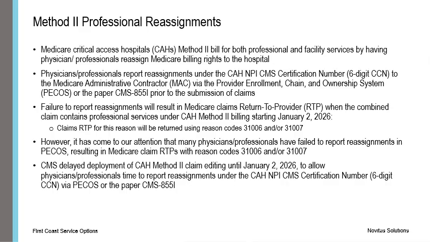Method 2 Professional Reassignments. Medicare Critical Access Hospitals, which bill under Method 2 for both the professional and facility services, by having the physician professionals reassign Medicare billing rights to the hospital.